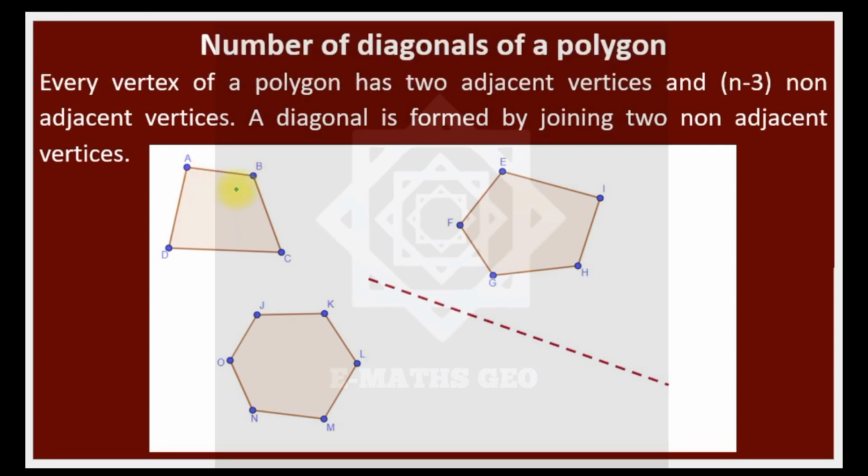This is a 4-sided polygon. This is a quadrilateral. 1, 2, 3, 4. So let's look at vertex B. A and C are the adjacent vertices of B. Do you get? So the ones that form a side of that polygon. So for vertex B, A and C are the adjacent vertices.